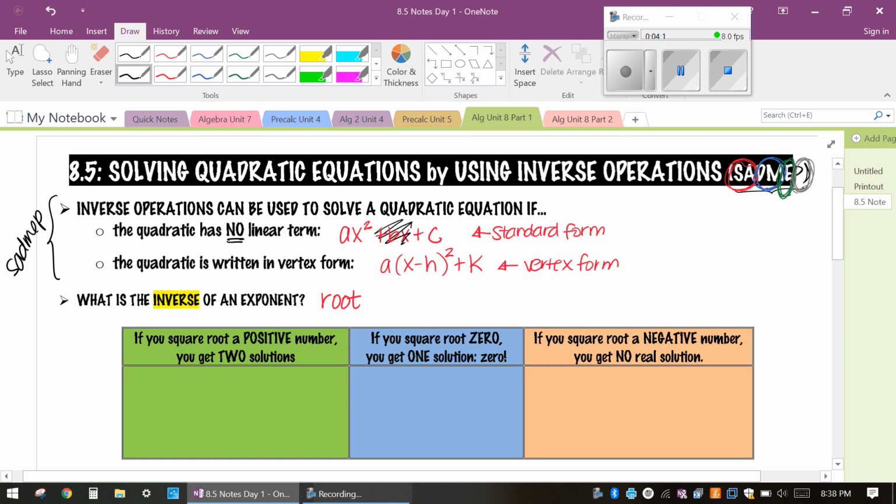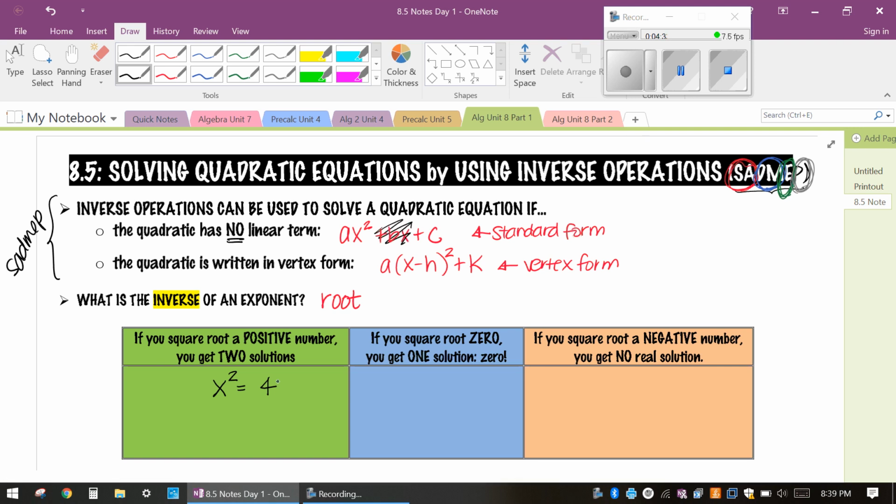In previous math classes, you should have solved basic quadratic equations, and I'm going to give you an example of what happens when you solve a quadratic equation as simple as x squared equals 4.